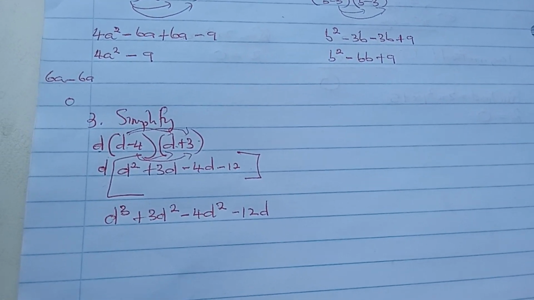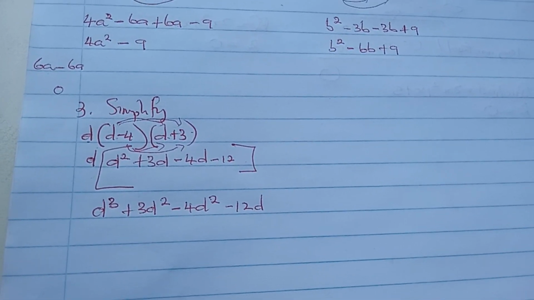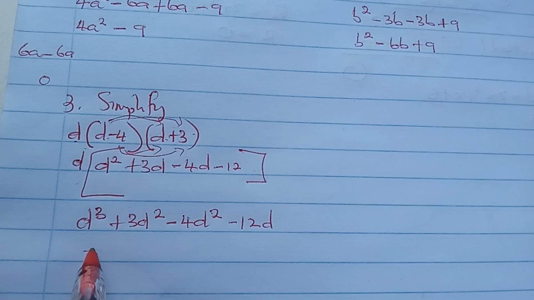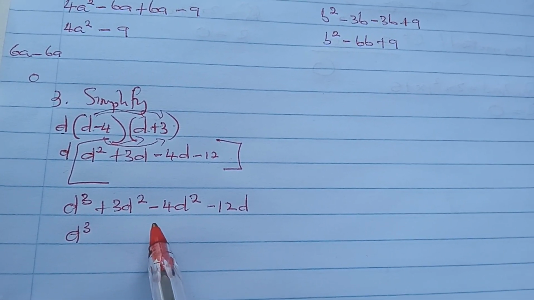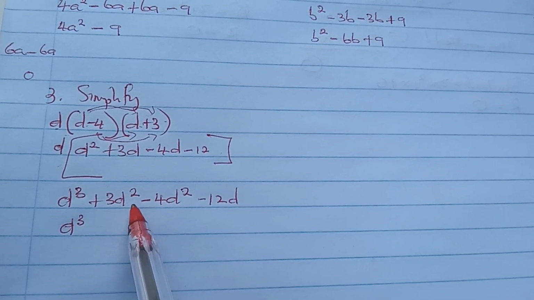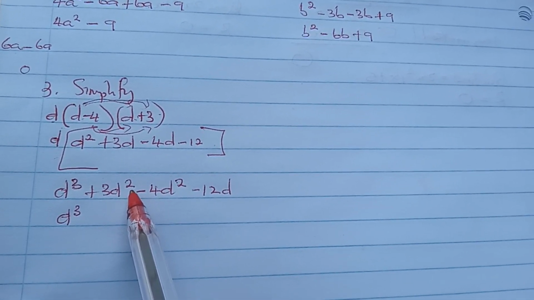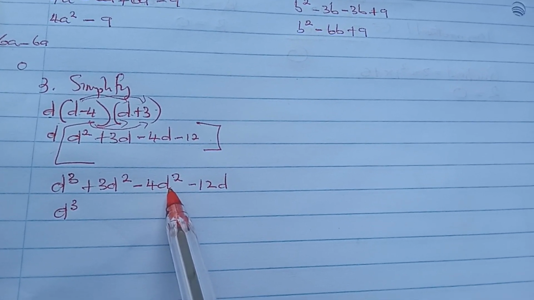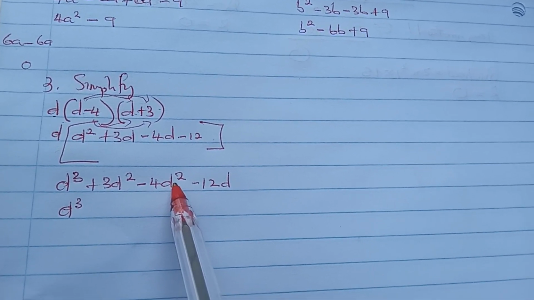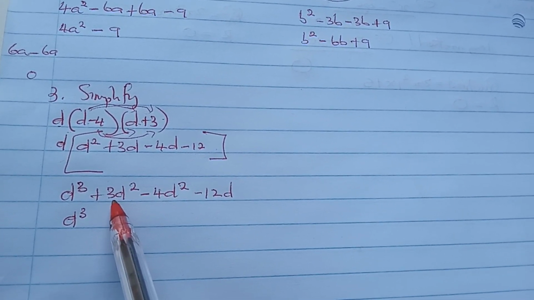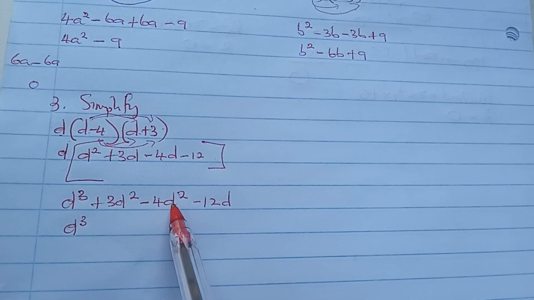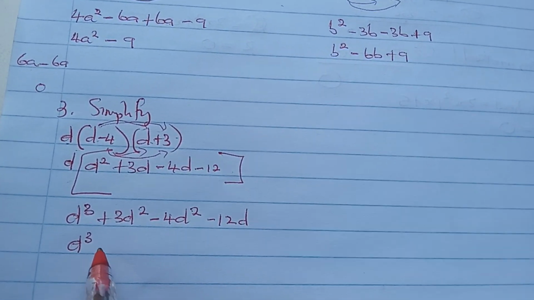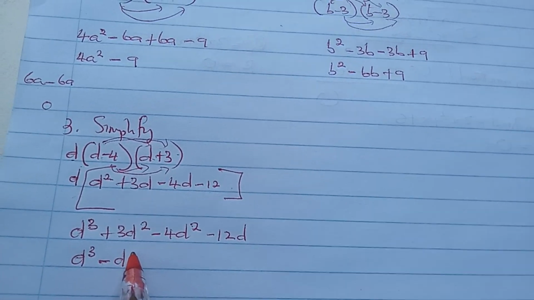Now we add up the like terms. Okay, we have d to the power of 3 on its own, and then we have positive 3d squared and -4d squared as like terms. Now this positive 3d to the power of 2 minus 4d to the power of 2, the answer is negative d squared.